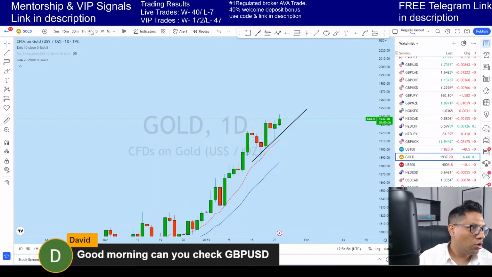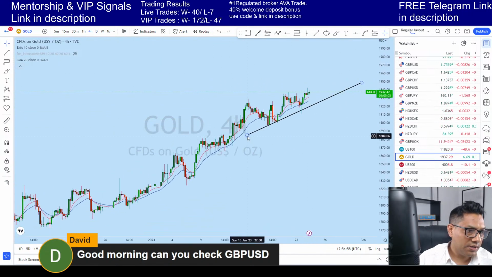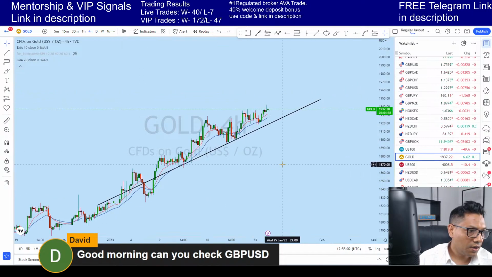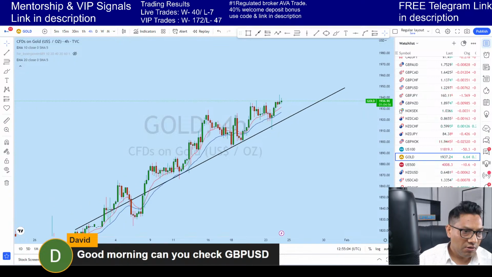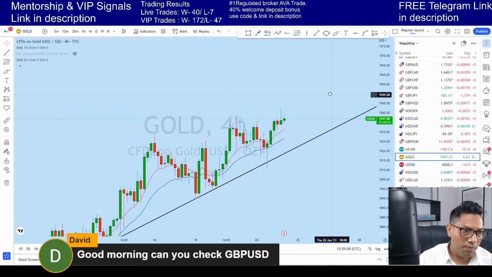Looking at this lower time frame, we can see this is the trend line the price is respecting, but at the same time there is a shooting star at the top.